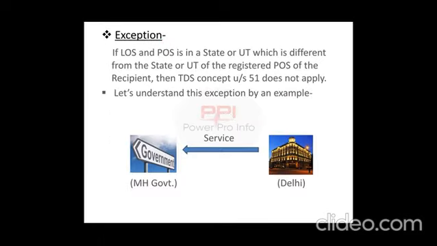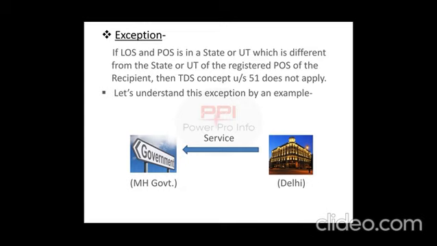But there is one exception to this concept of TDS, where even if the contract value exceeds 2,50,000, there is no need to deduct TDS. So let's understand this exception.